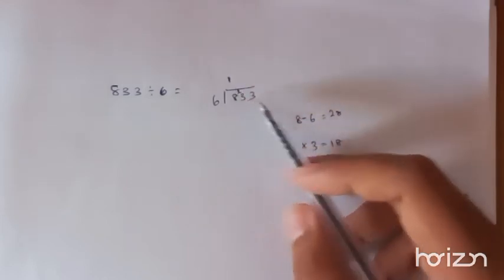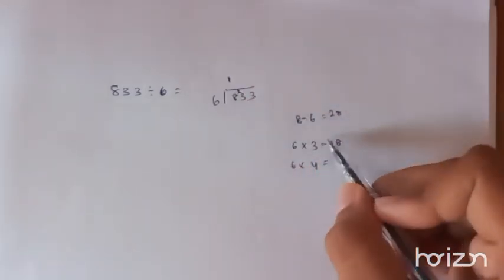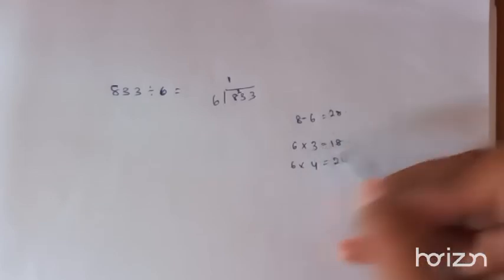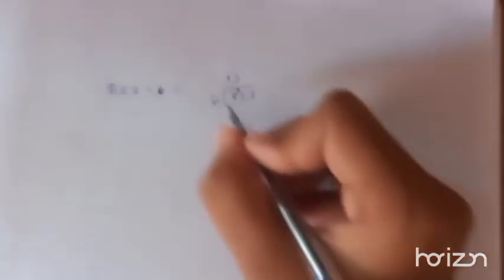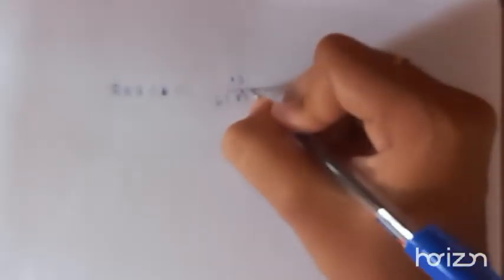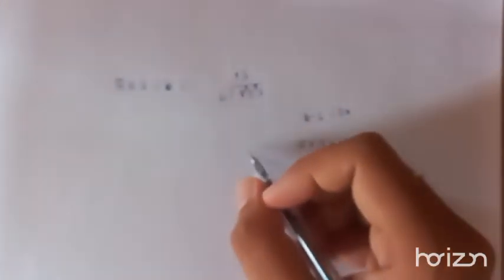So I'm going to take 3 times 6, which is 18. So 23 take away 18 equals 5 remainder.